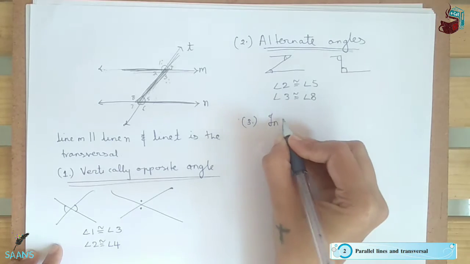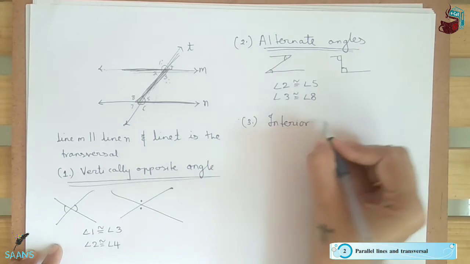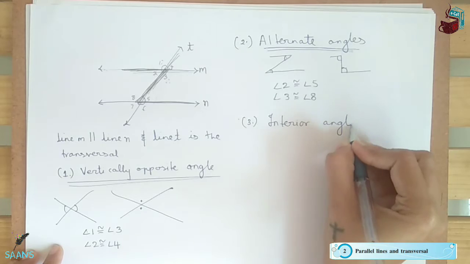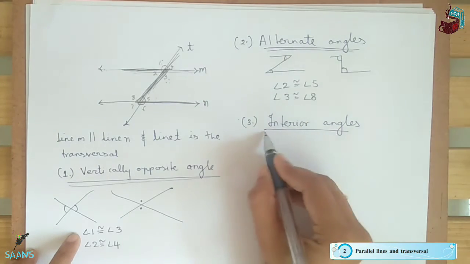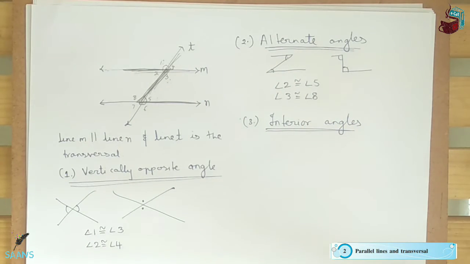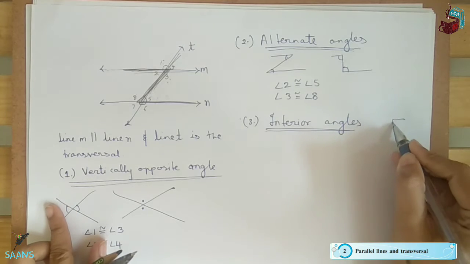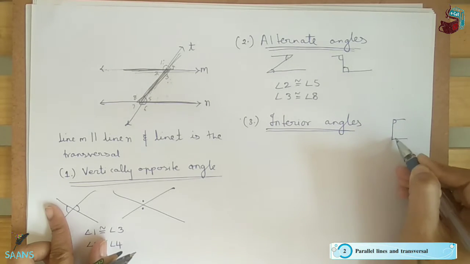Interior angles. So when we are doing interior angles, interior means inside. जब आपका inside होता है कोई भी figure में. So let's see. We'll do it for this figure only. Interior angle, always remember it as a C. ऐसे.